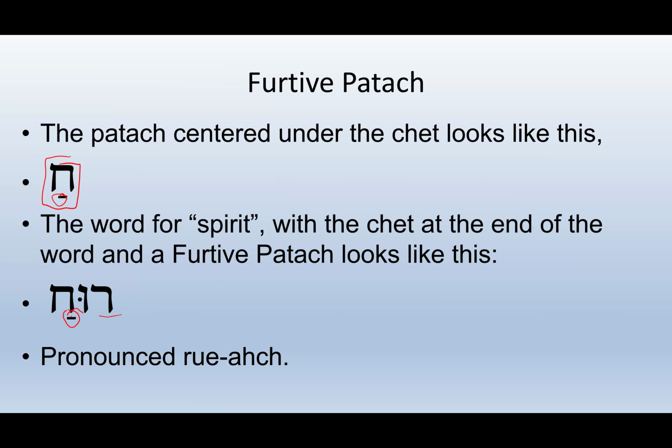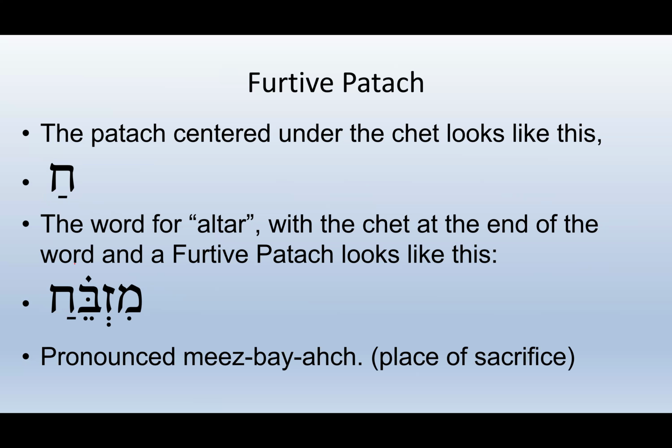And so the consonant is the last sound, ruach. We pronounce the patak before it. And notice how the patak is underneath this right leg. That's how you can tell it's a furtive patak, because they move it over. So this is pronounced ruach. So that's what a chet looks like.